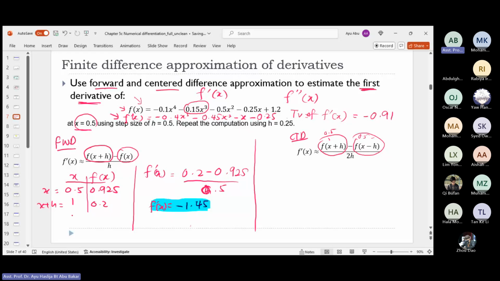So add one more data over here. When x equals 0, what is your f(x)? 1.2. Sub into the equation for centered: 0.2 minus 1.2.